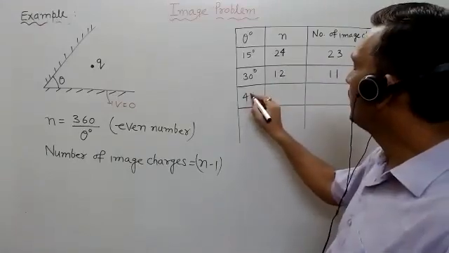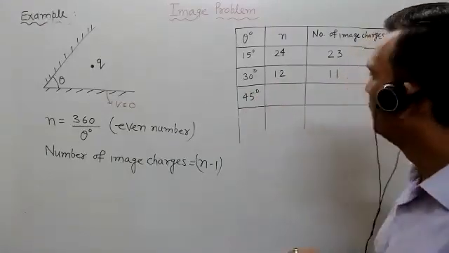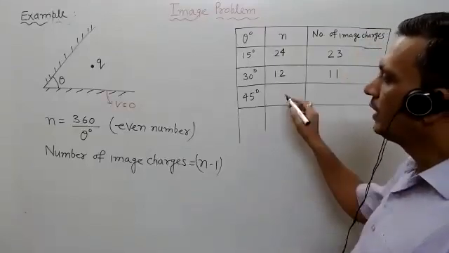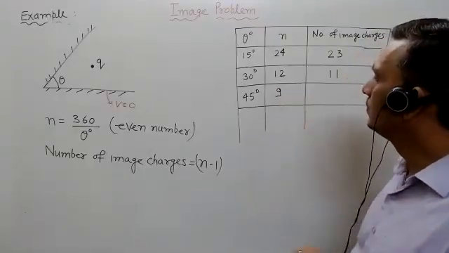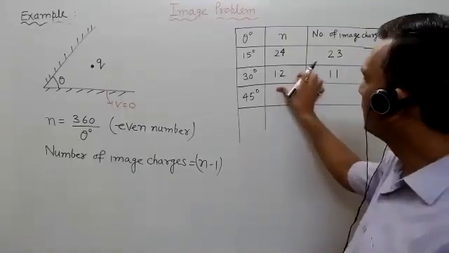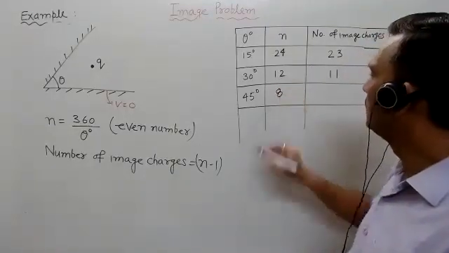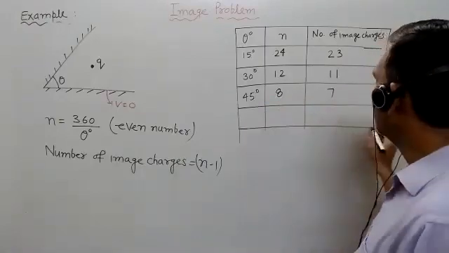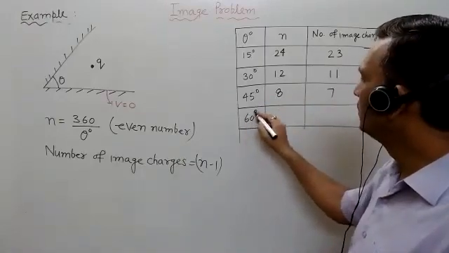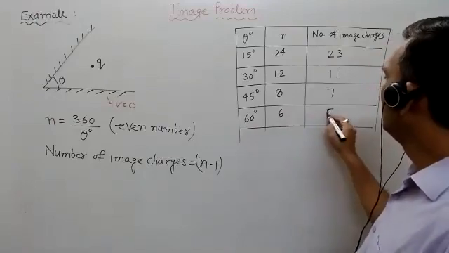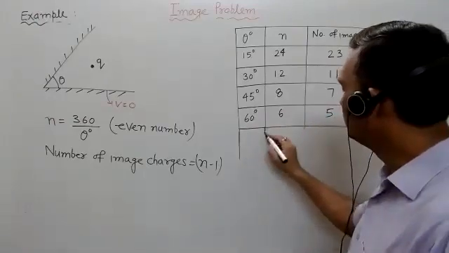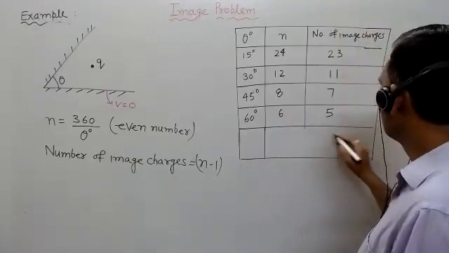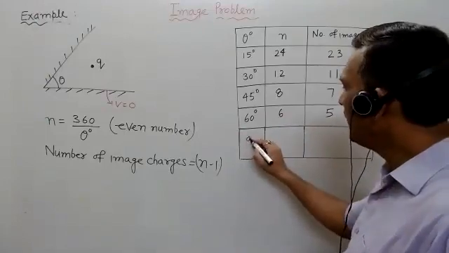When 45 degree, n is 8, so 7 image charges will develop. If it is 60 degree, 5 image charges will develop. Let us see 90 degree.